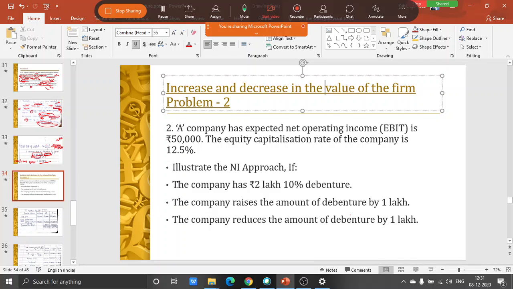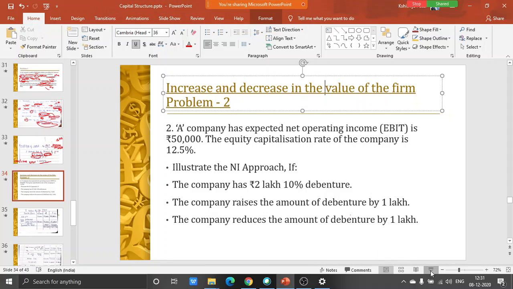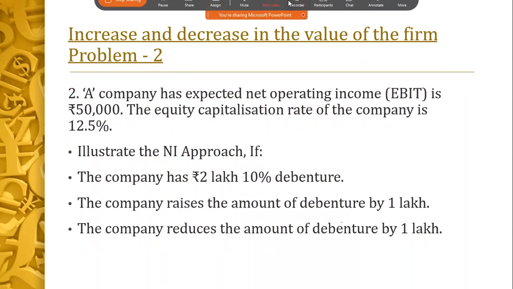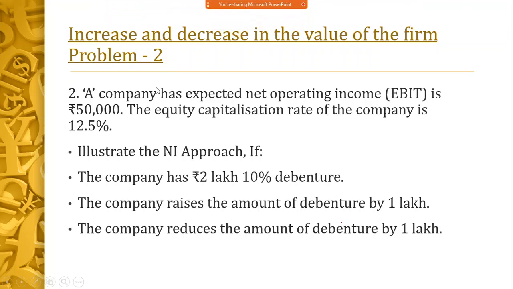Okay. Now, what has been mentioned in the problem? We'll have to understand the question. The question tells that the EBIT, the first thing it speaks about EBIT, or the earning before interest and tax, or it is the net operating income.